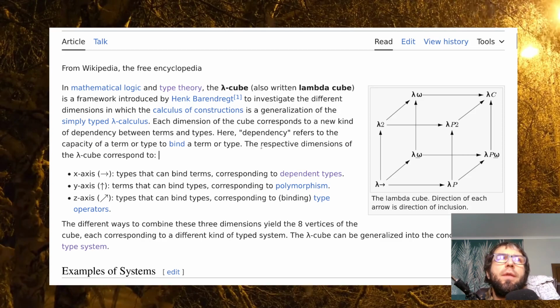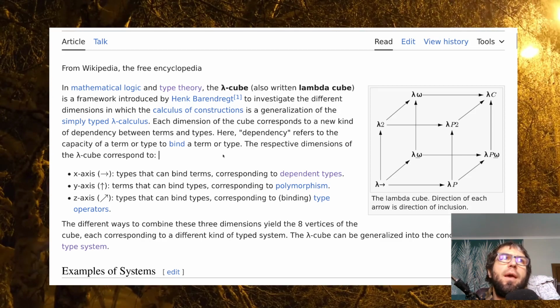What do they add? The horizontal arrows, or x-axis arrows, add the ability to have types which depend on terms, also known as dependent typing.